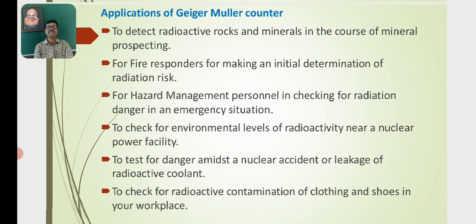Applications of the GM counter. It is used to detect radioactive rocks and minerals in the course of mineral prospecting. It is used by fire responders for making an initial determination of radiation risk.